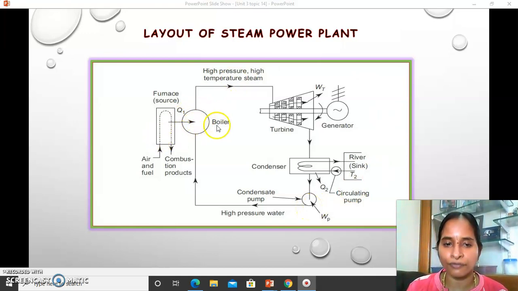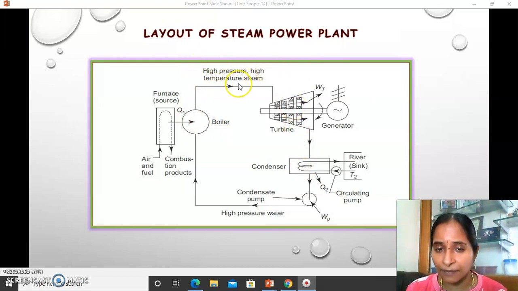Boiler is for phase change, and condenser is also for phase change. Here heating, here cooling occurs. Okay, and in the turbine, high pressure, high temperature steam is converted to low pressure, low temperature steam, and the energy of the steam is utilized for work.